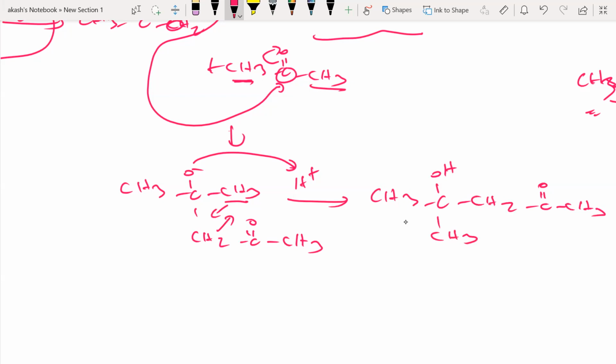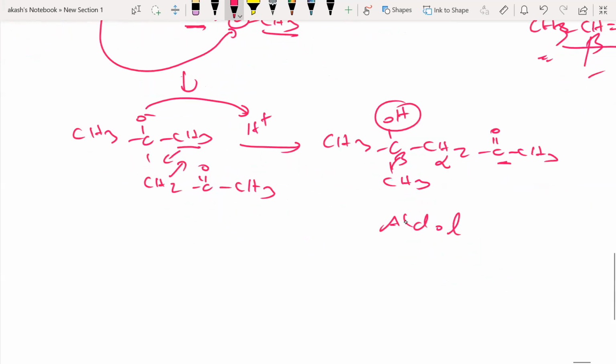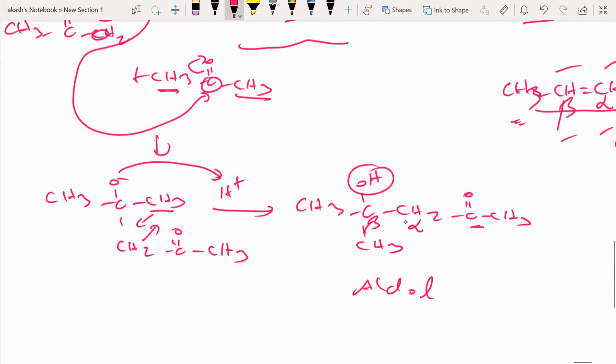Right. Now remember that this is your aldol. Okay. And we are understanding, right? This is your main carbon, alpha carbon, beta hydroxy aldehyde or ketone is what is going to be the product. Right. Okay. Now what you have to do? You are going to remove one H2O from the alpha and beta positions. Right. Okay. Let me write it like this.